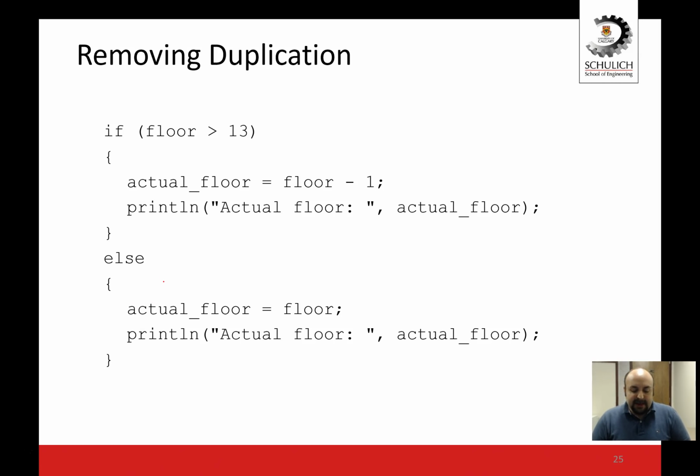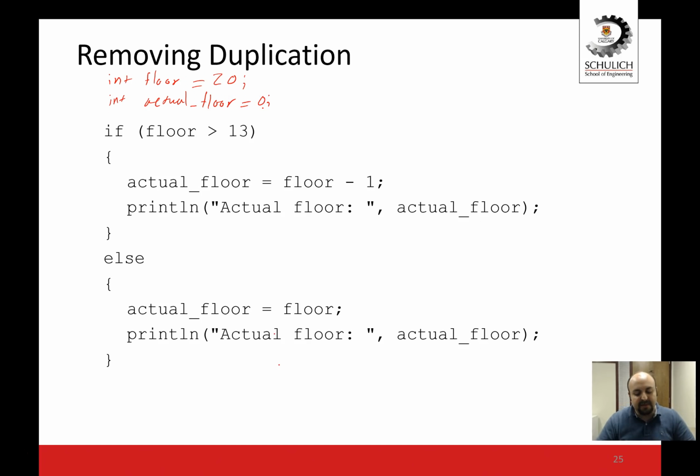Let's look at this problem. So this is a problem with duplicating code. So if you have if floor is greater than 13, so assume we have declared a couple of variables here already. So let's say we have int floor, let's say we set it to 20, and then there's another variable, int actualFloor, let's say we have that equal to 0.